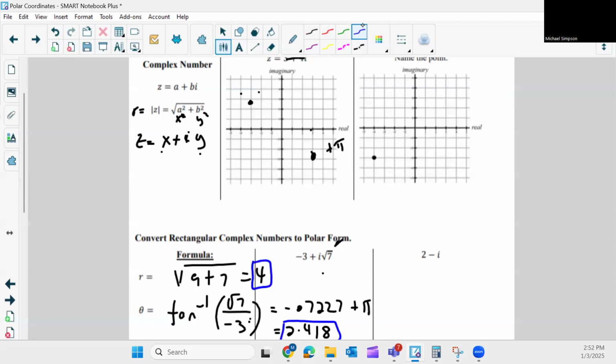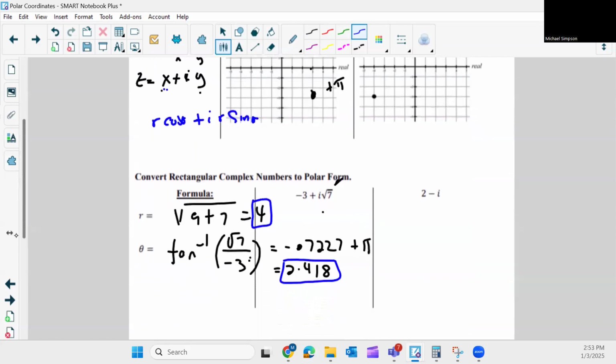Remember I said that? Now, here is the one step you've got to go for. Remember, I told you this is a complex form. We can write it as x plus iy. But what is x? This is what we've got to do. We're going to replace x with r cosine theta and y with r sine theta. That's it. So I'm just going to write it in that format.